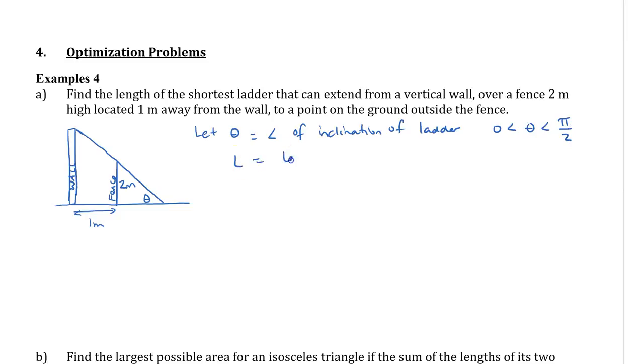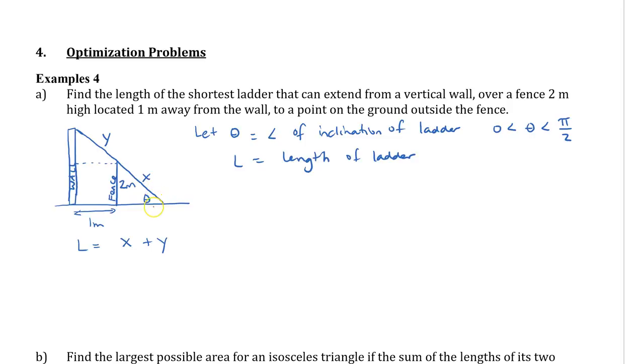And let's say that we have this ladder and it's going to be L. Now the whole ladder will be from here to the bottom here. However, to make it easier for us, we should split this up into two parts. So I'm going to call this y and this part x. So therefore, we have that L is equal to x plus y.